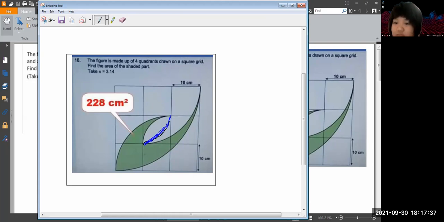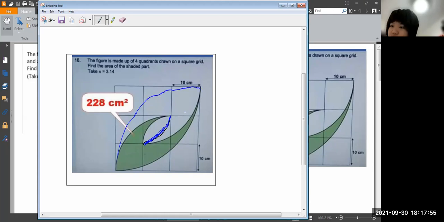You draw this first, and then you continue to draw from here. Okay, and then you continue. So this is here. Okay, good, done.